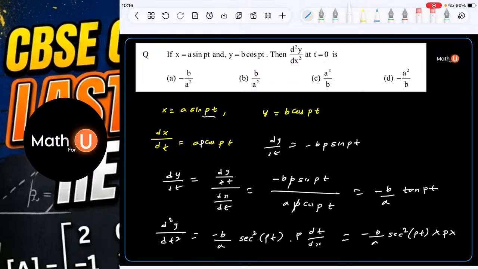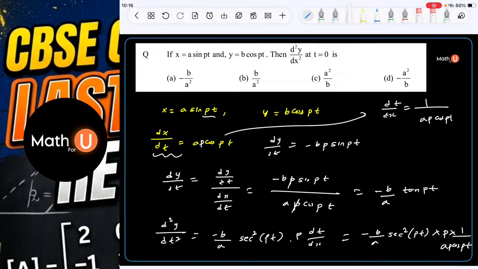What is dt by dx? dt by dx is nothing but the reciprocal of this, so we get 1 by ap cos pt. Wherever t is there, replace with 0, we get minus b by a, secant 0 value is 1, and 1 square is 1 only.